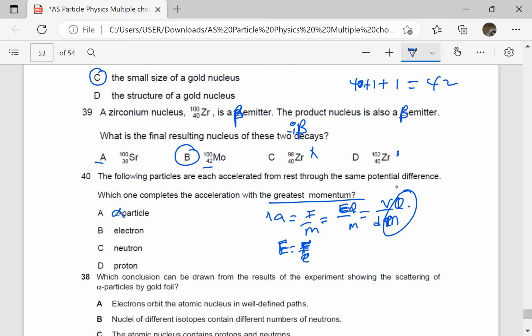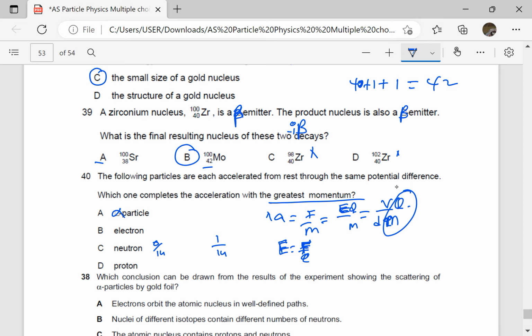So we can check. Proton, charge to mass ratio: the charge is 1, mass is 1u. Neutron, the charge is 0, the mass is 1u, so that one is 0, there's no acceleration.